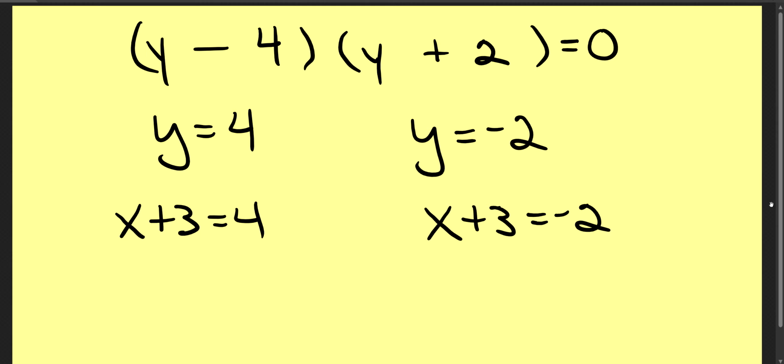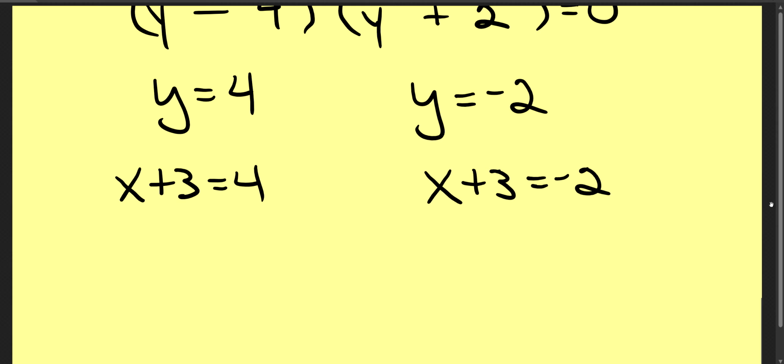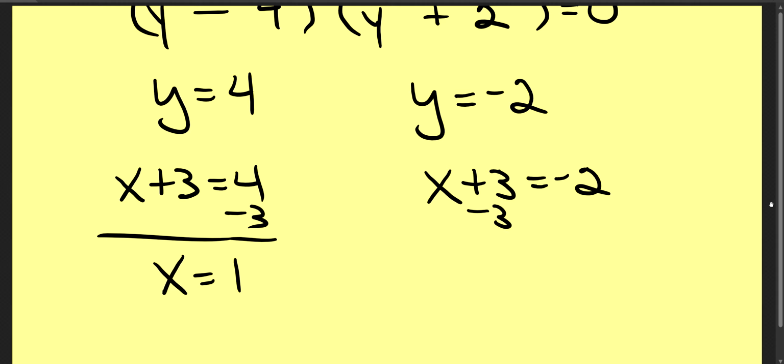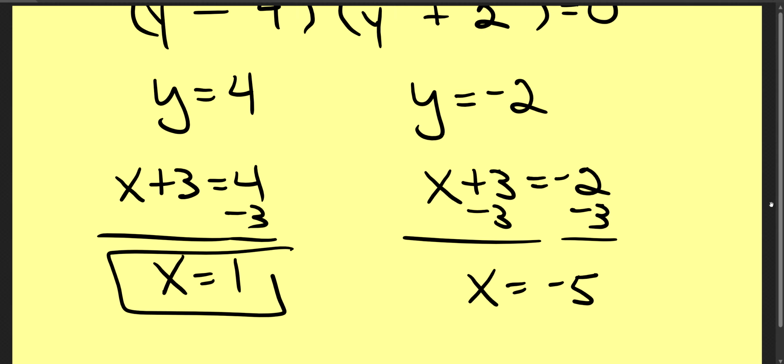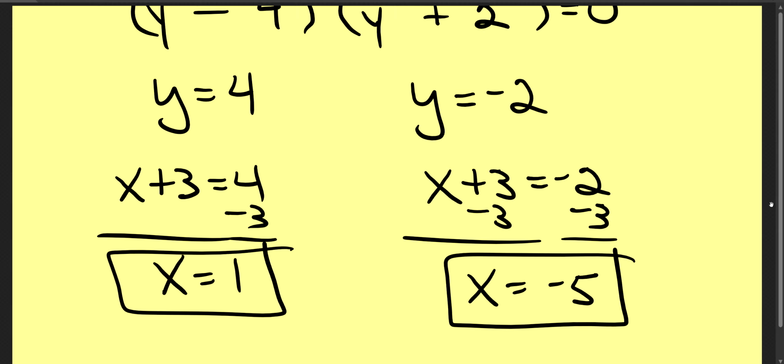Now I can solve each of these for x. Here I'm going to subtract 3 from both sides, so x is going to equal 1. And this one, I'm going to subtract 3 from both sides, and x is going to equal negative 5. So these are my two solutions: when x equals 1 and when x equals negative 5.